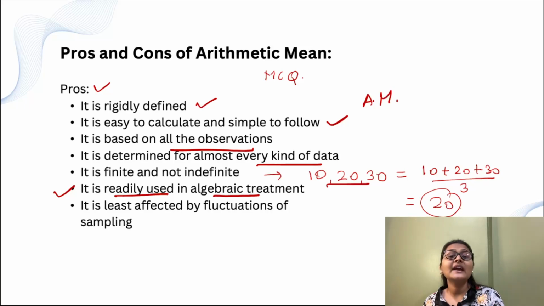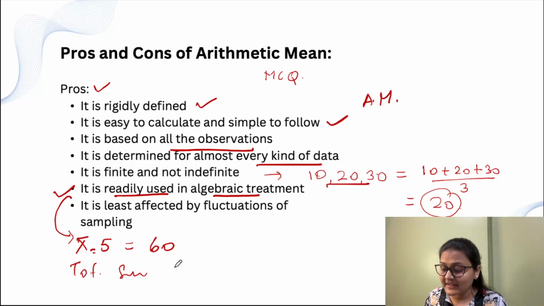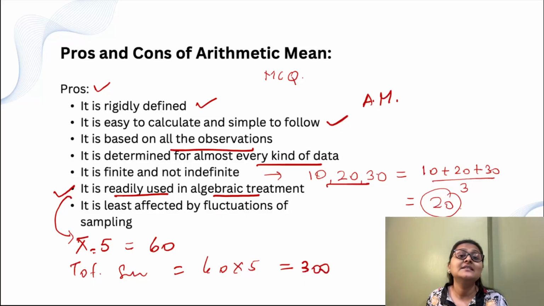For example, if the mean of 5 numbers we are getting as 60, now what will be the total sum? That is simple, 60 into 5, right, 300. This is how the arithmetic mean is readily available for further algebraic calculations, for further algebraic treatments, right.